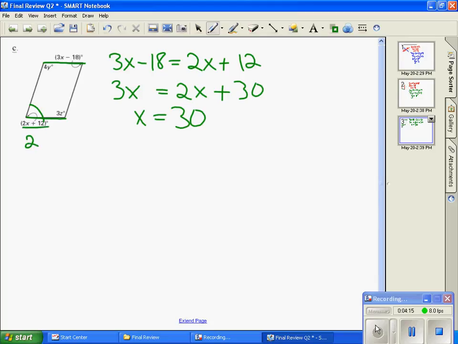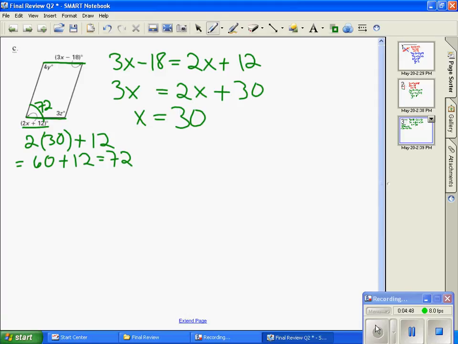So 2 times 30 plus 12 is 60 plus 12, which is 72. So we know that this angle right here is 72. So I'm going to use the fact that the consecutive angles are supplementary and find my angles this way. Supplementary again means that they add up to 180 degrees.